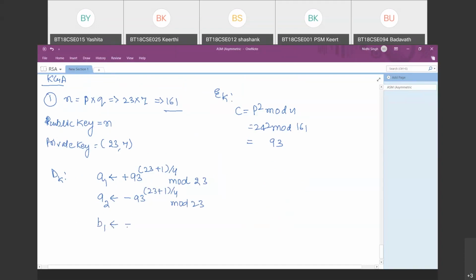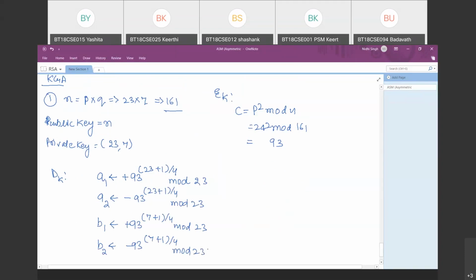B1 is the plus value of the ciphertext but with a different modulo, that is (7 plus 1) divided by 4 mod 23. And B2 is the negative value, (7 plus 1) divided by 4 mod 23.